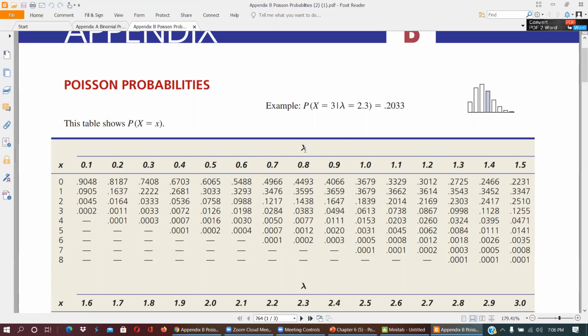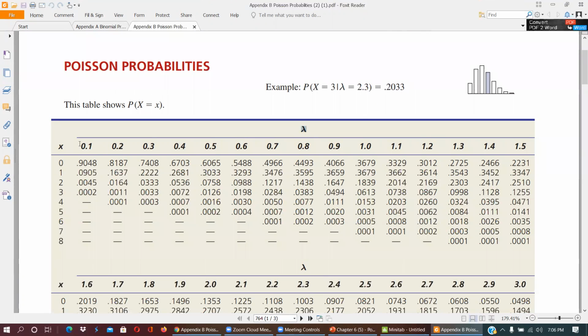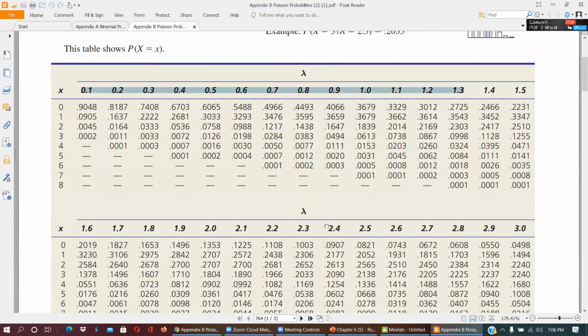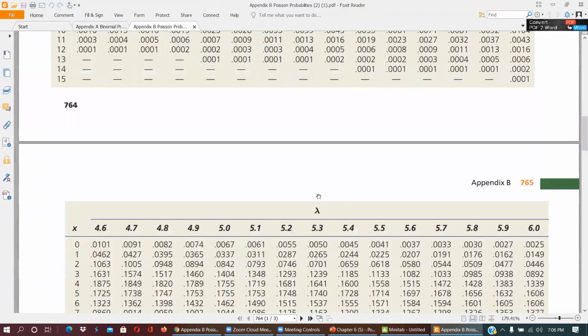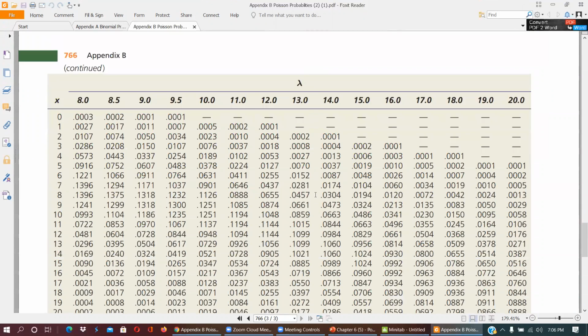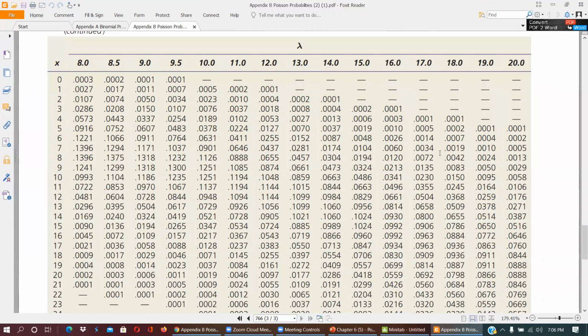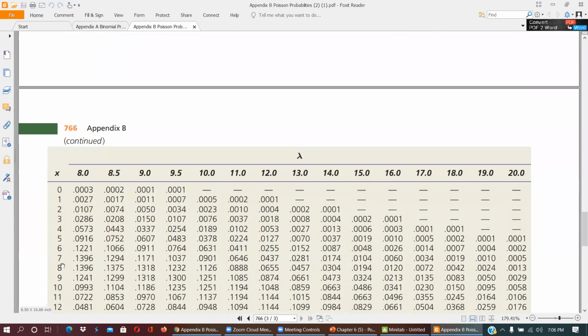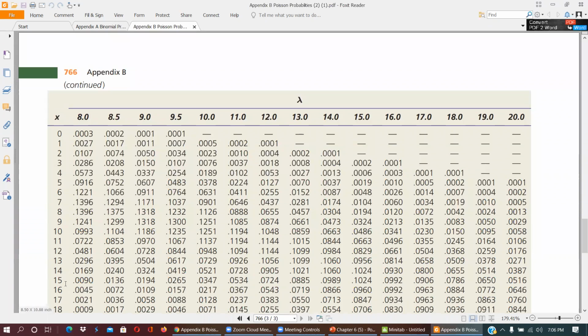Lambda, or mean, or average arrival. These are the lambda values. Up to what level does lambda go? Look into the table. Lambda goes up to 20. Can you see up to 20? Lambda value is up to 20. And these are the corresponding event x values.